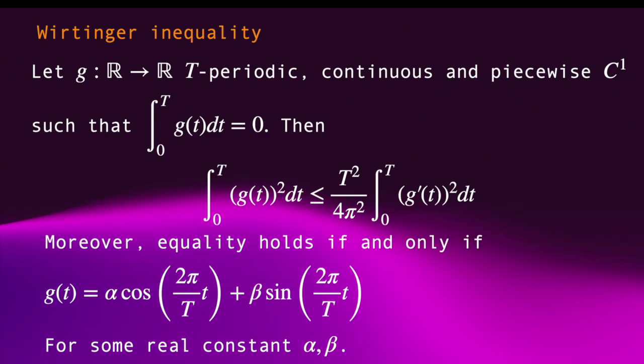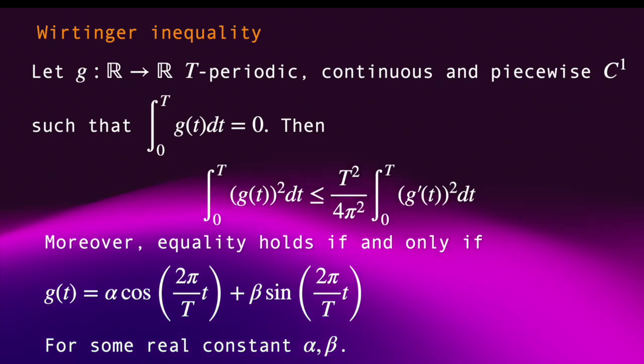Now let's give the proof. The proof of Wirtinger's inequality is based on Fourier analysis. So let's start.